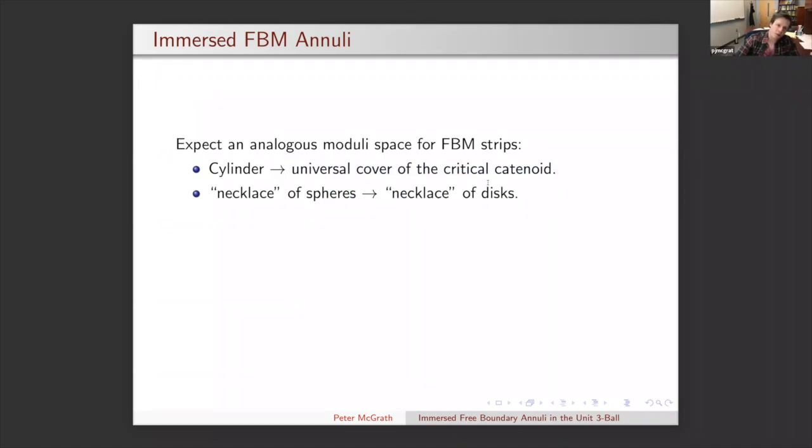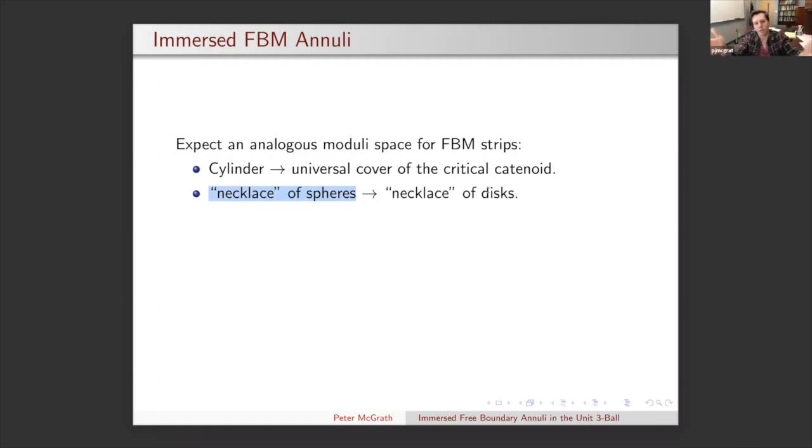And the other singular limit, the necklace of spheres for the Delaunay surface, we think of as being replaced with sort of a necklace of disks. So at least in the intrinsic case, you have just a strip that would correspond to the critical catenoid.